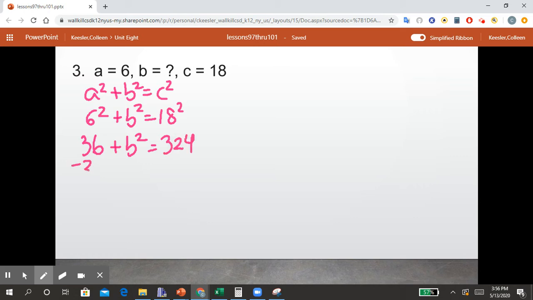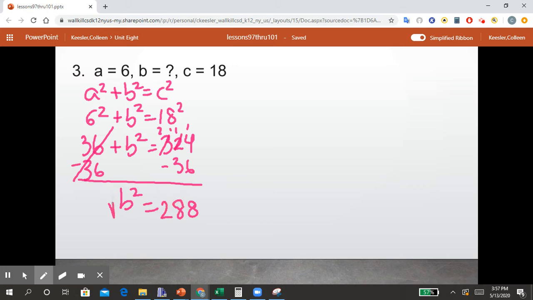We subtract the 36 to get the B squared by itself, and we get B squared equals 288. And we take the square root to get the B by itself.